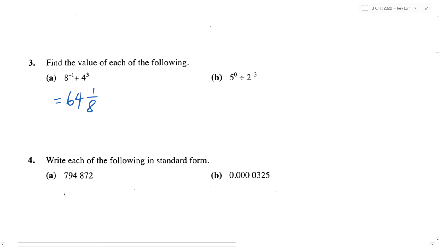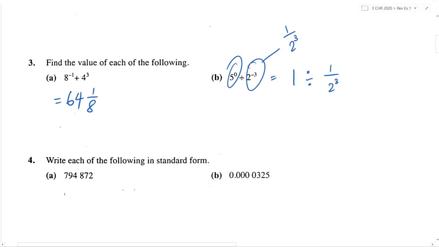Next one, 5 power 0. Do you remember how much is 5 power 0? What's the value of 5 power 0? It is 1. So if we work it out, it is actually 1 divided by 2 power negative 3. 2 power negative 3 is the same as 1 over 2 power 3.